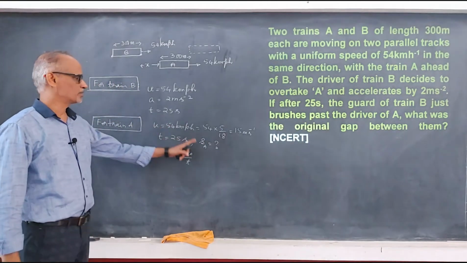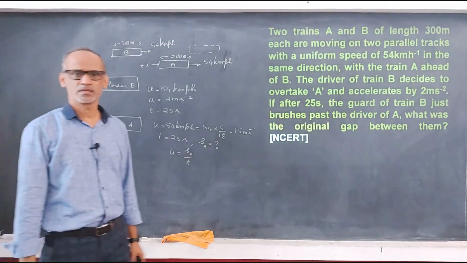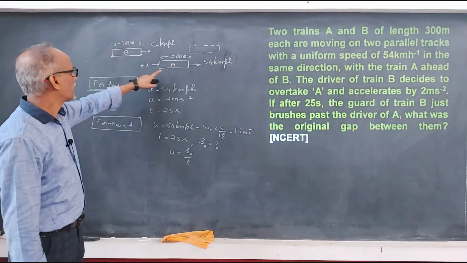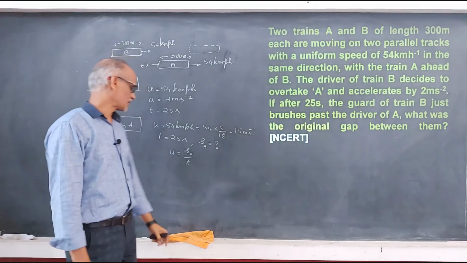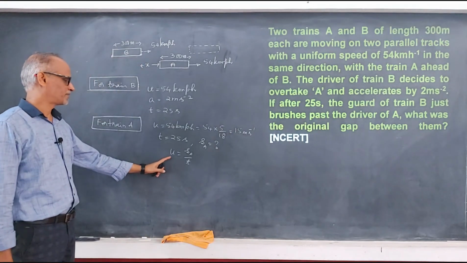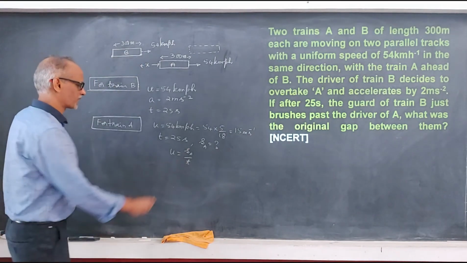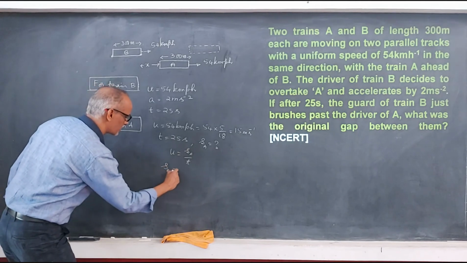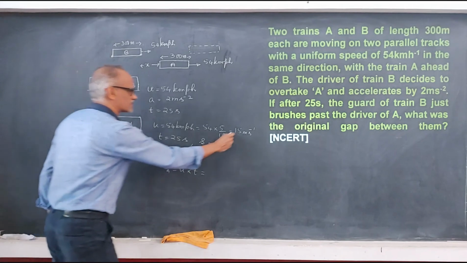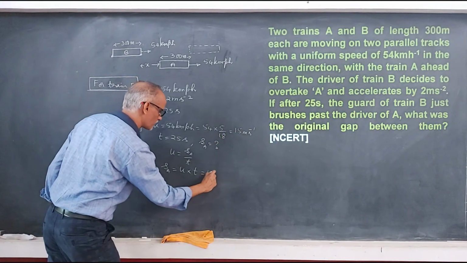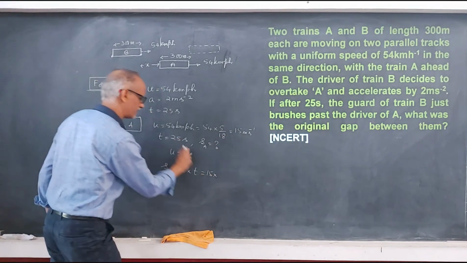Here we are not going to use the equations of motion, because train A moves with uniform speed, it's not accelerating. So that's why we are using speed is equal to distance by time. Now distance is equal to speed into time. The speed of A is 15, into time taken, 25.